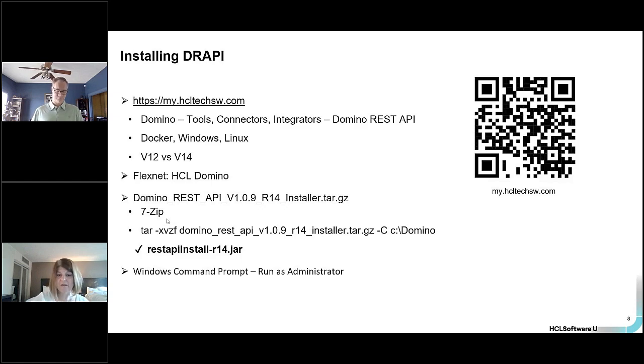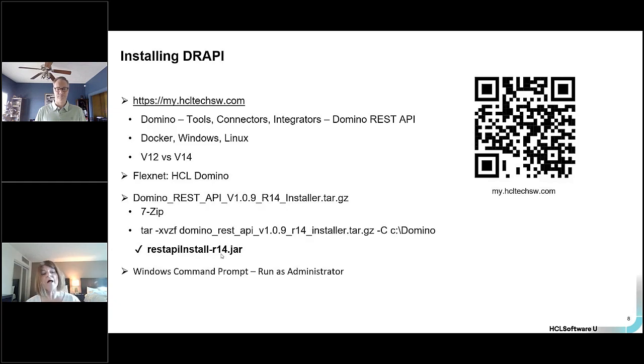You mention the name of the file that you have downloaded, and then using the minus, and this is case sensitive, capital C, you say where you want that install file to be placed. And it's going to go ahead and extract it. Then, like I have listed here in my Domino program folder of C:\Domino, it is going to copy the REST API install r14 jar. So I now have my install file available for me to use.